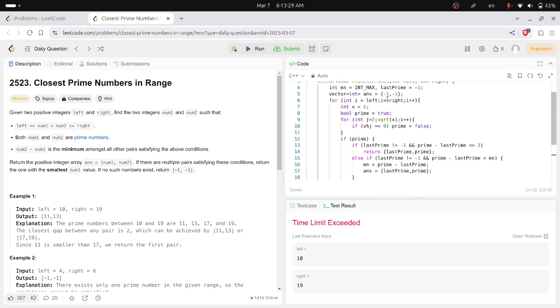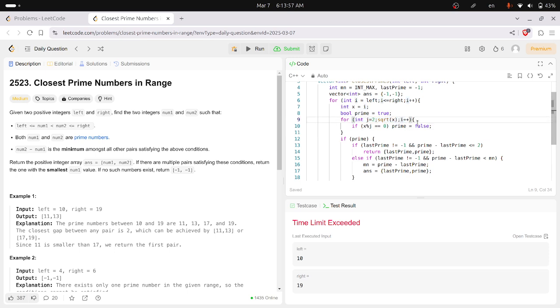Time limit exceeded. For left equals to 10 and right equals to 19, I'm starting with I equals to left, and I'm iterating till I is less than or equal to right. So 10 will be stored in x. Then I loop over it.